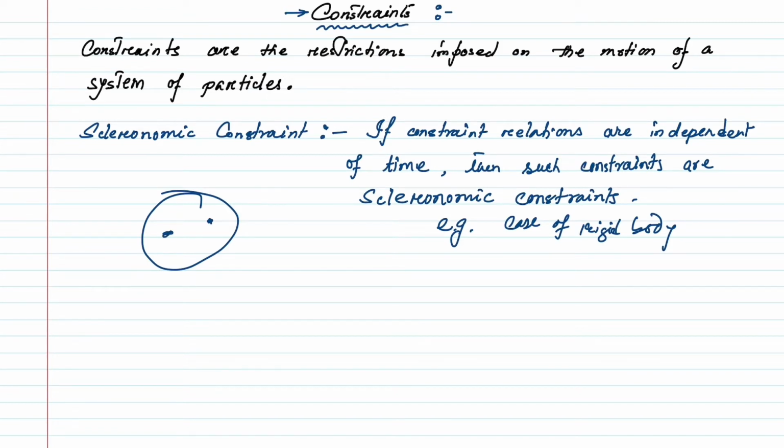But here you see, it doesn't matter whether it is moving or at rest, the distance between these two particles is always fixed. It is not going to change with time, so it is independent of time.